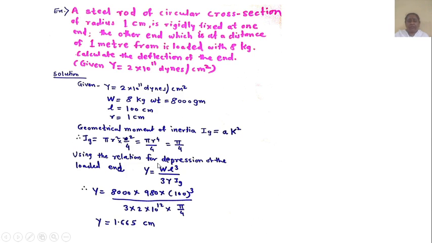Using the relation for depression of the loaded end, y equals W into L cube upon 3 Y into Ig. Therefore y equals 8000, that is the value of W, into 980 into 100 cube upon 3 into 2 into 10 raised to 12 into pi by 4. So y equals 1.665 centimeter, that is the deflection of the end.